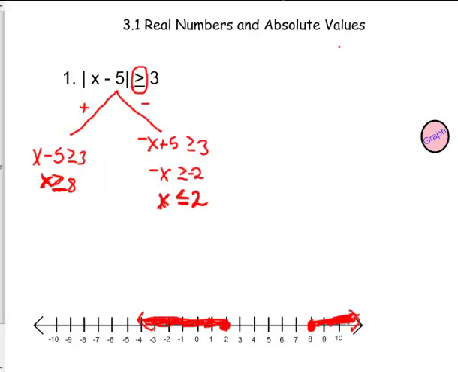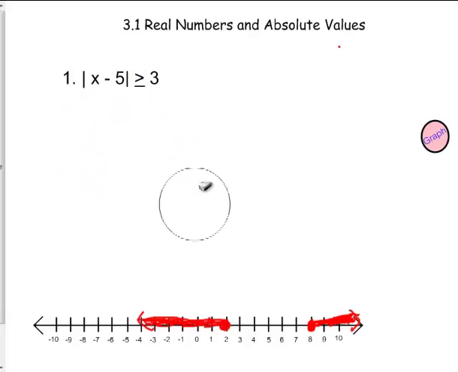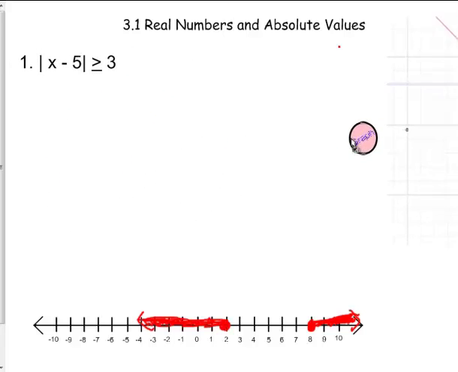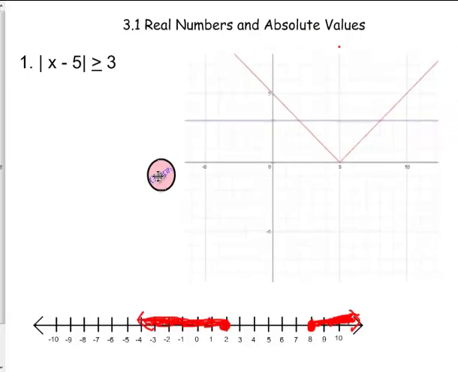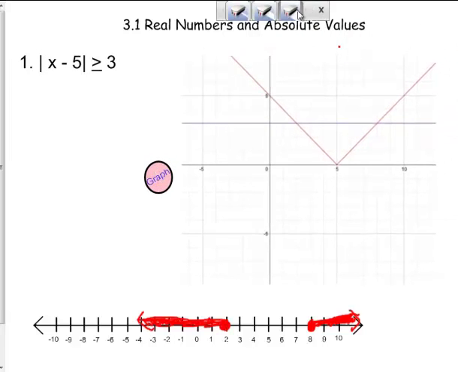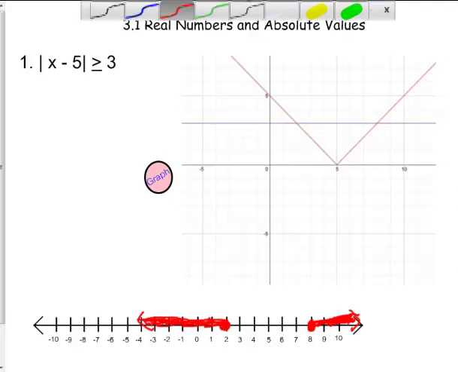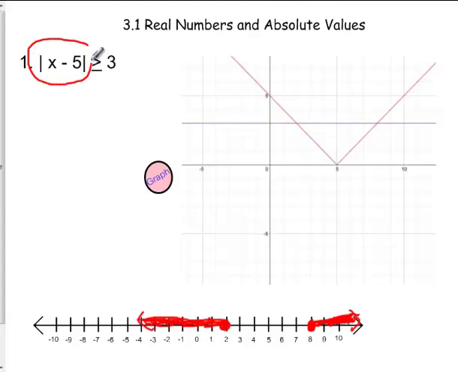Now, back in chapter 2, we had that really weird 2.8 lesson. And we started looking at our graph as if we took out our graphing calculator. Now remember, I did this. I looked at this as two separate graphs. I looked at this as the graph y is the absolute value of x minus 5. And in that picture, this is what the graph of the absolute value of x minus 5 looks like.